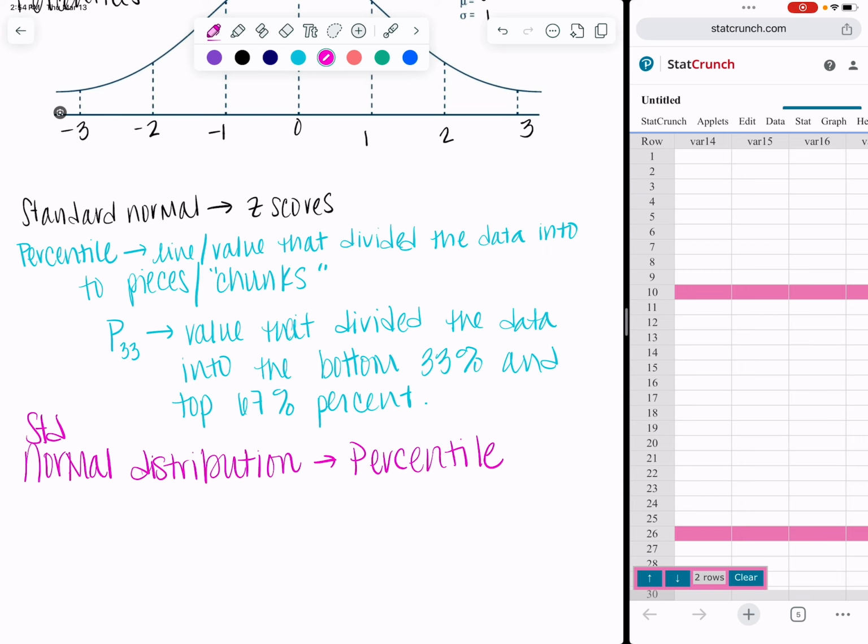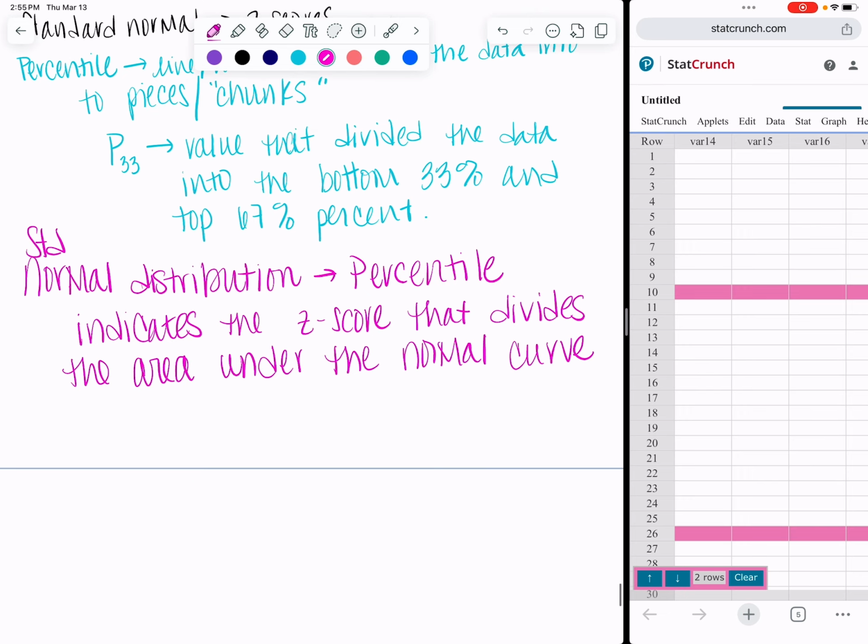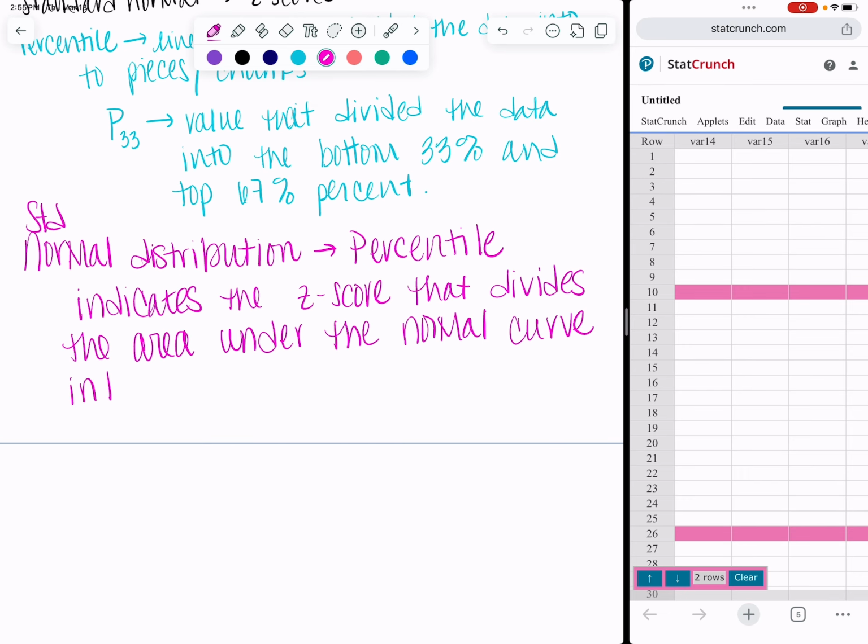I don't want to say it equals area, but percentile indicates the z-score that divides the area under the curve into upper and lower chunks.